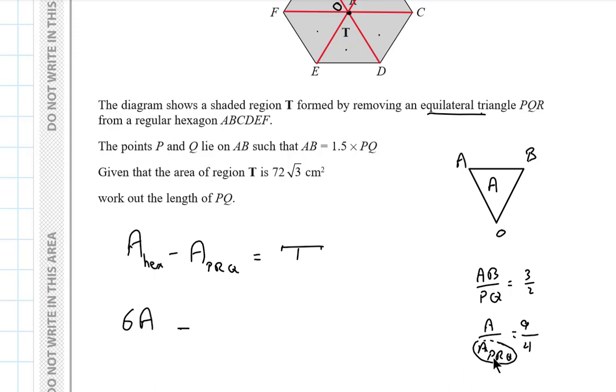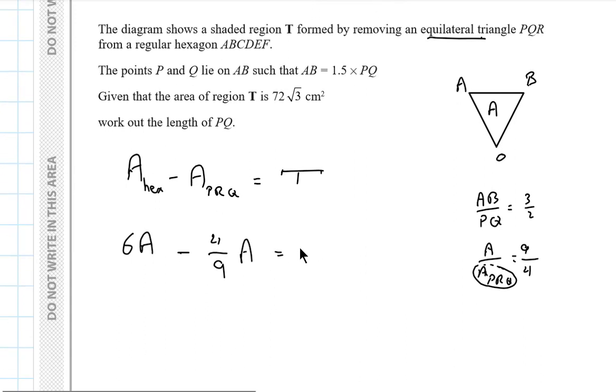So the area of this triangle in terms of A will be 4 over 9 A. So I can write 4 over 9 A also equals T, which is given as 72 root 3.